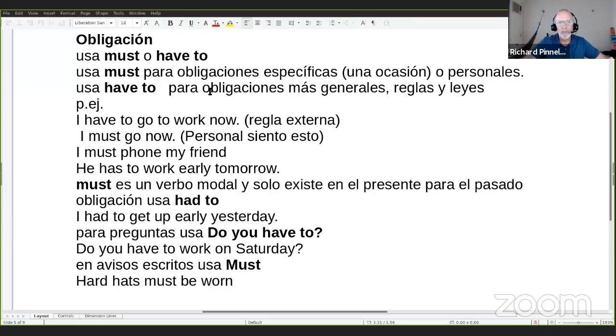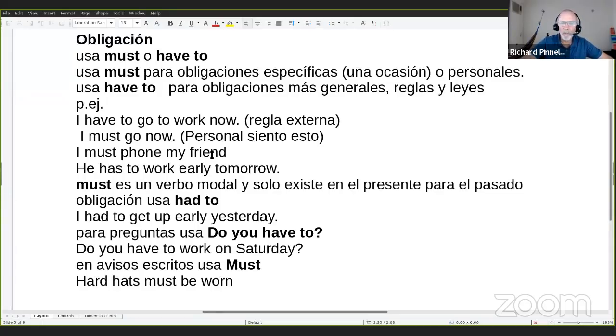Usa have to para obligaciones más generales. For example, I have to go to work now. Es una regla externa. Es como en español, tengo que ir al trabajo. Pero I must go now es como yo siento, debo irme en español. So must es para obligaciones personales y have to para reglas y leyes.